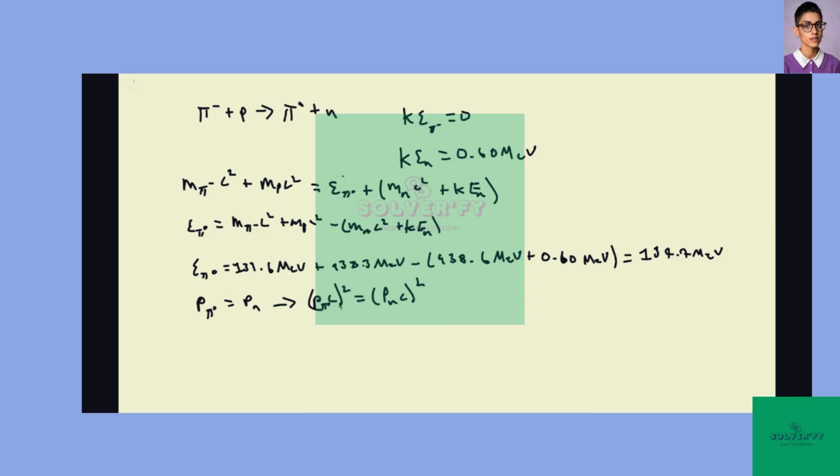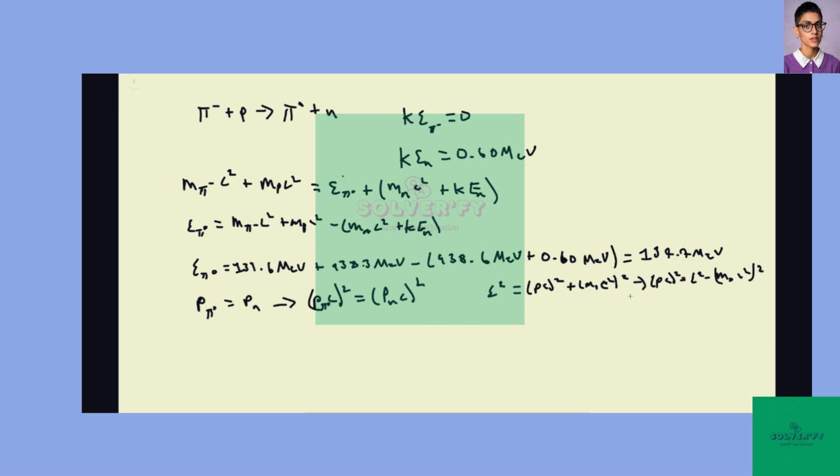And we can use the form of the total energy, E squared equals (pc) squared plus (m0 c squared) squared. Then we can rearrange this and state that (pc) squared is equal to E squared minus (m0 c squared) squared.